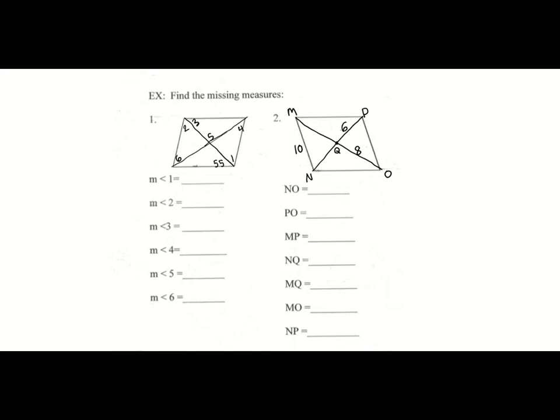So to find the measure of angle 1, we know from our last page that angle 1 and angle next to it, angle 55, are going to be the same because the diagonals bisect the angle of the parallelogram. So if this one's 55, angle 1 is 55. And then we also know that angle 1 and that angle 55 are congruent to 2 and 3 as well. So those two are also going to be 55.